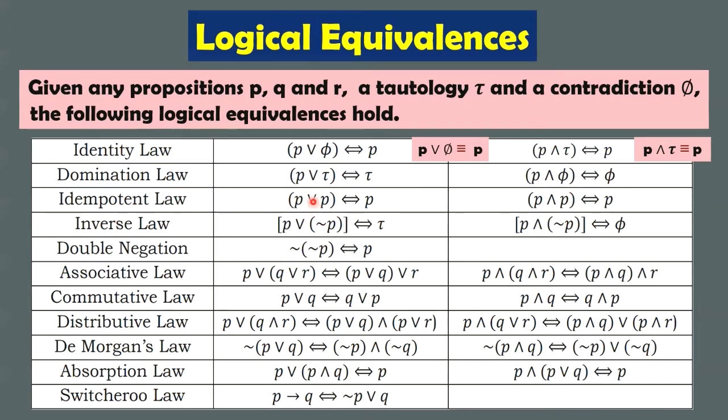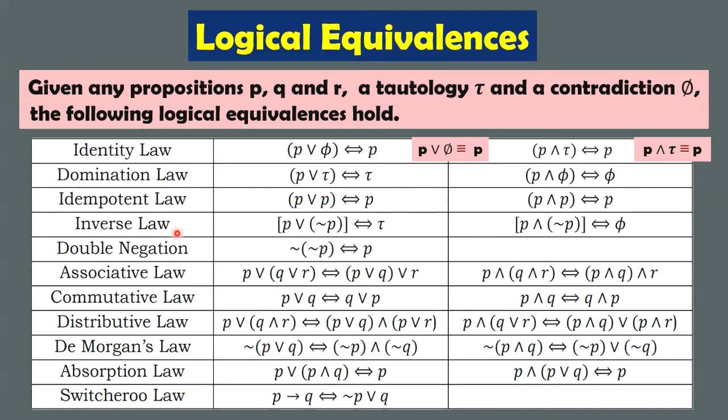Yung operator na or at saka and, gagamitin para makonect yung given proposition sa sarili niya. Ito, P or P, of course, that is obviously equivalent to P itself. Ito rin, P and P, that is logically equivalent to P.